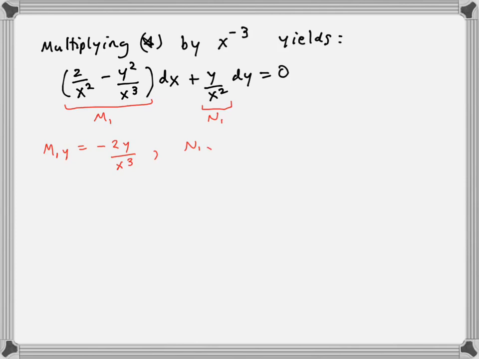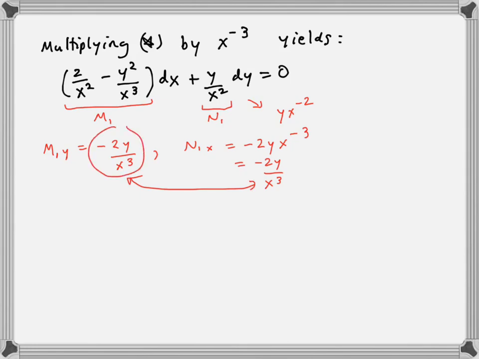Partial of n1 with respect to x is going to equal, remember this is really the same as y x to the negative 2. So if you take the partial with respect to x, you get negative 2y x to the negative 3, which is the same as negative 2y over x cubed, and you notice that these two are the same.